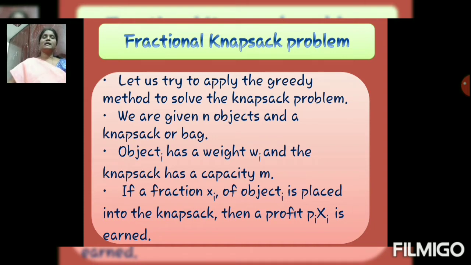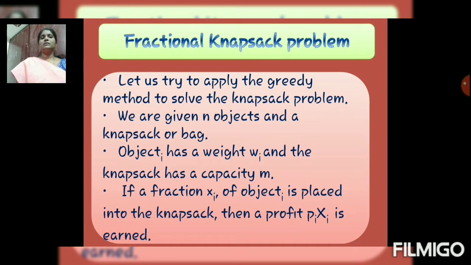Right. Now firstly we see fractional knapsack. Everything I've explained: M is the capacity and W is the weight. Wi is the weight of a particular object i. Here it is object i and its weight is Wi and so on.